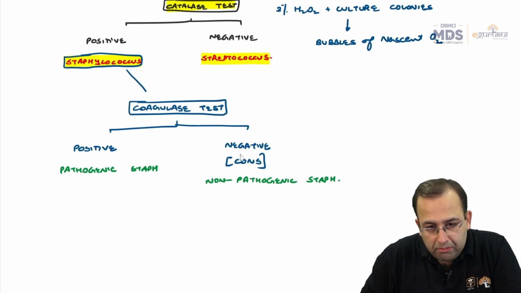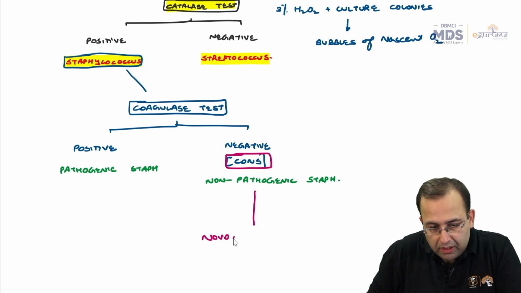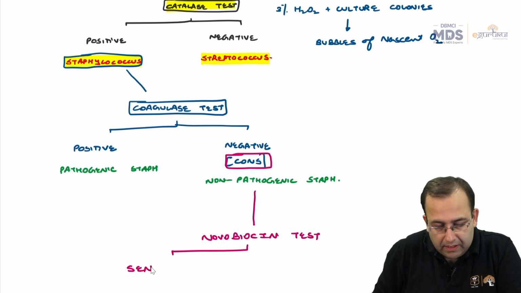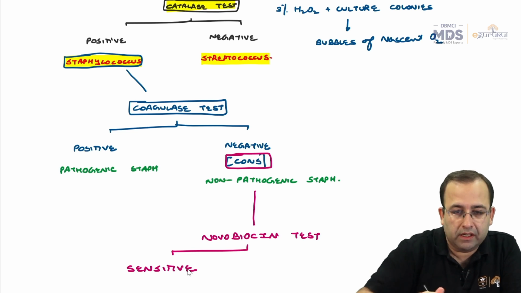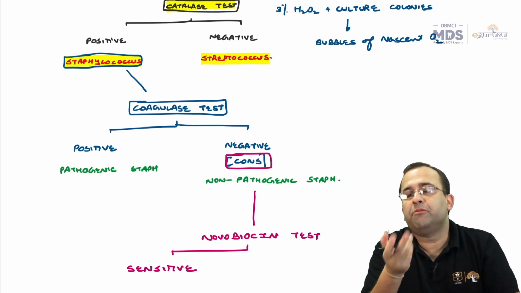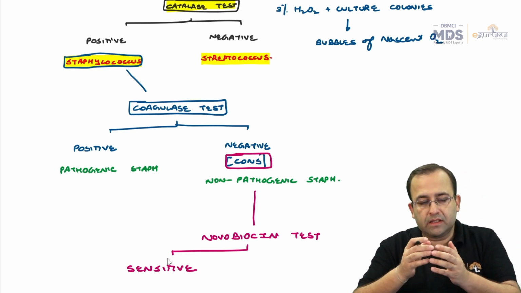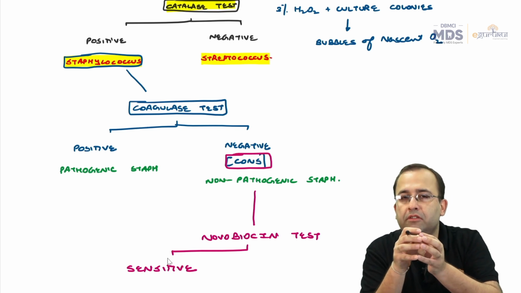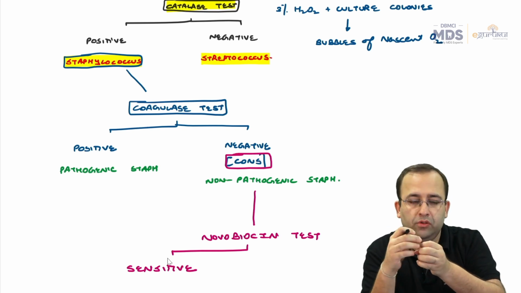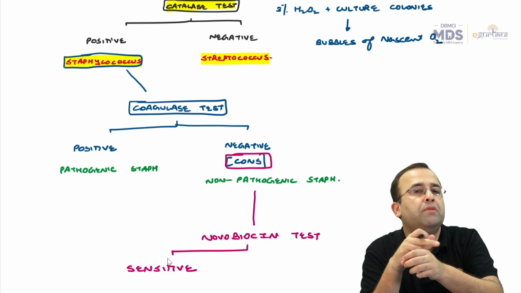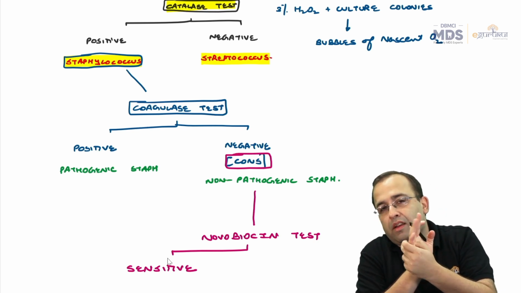This non-pathogenic staph, on the basis of novobiocin sensitivity testing, is divided into novobiocin sensitive and novobiocin resistant. Novobiocin is an antibiotic, so novobiocin sensitive means the organism is sensitive to it, and around the novobiocin disc, nothing will grow.